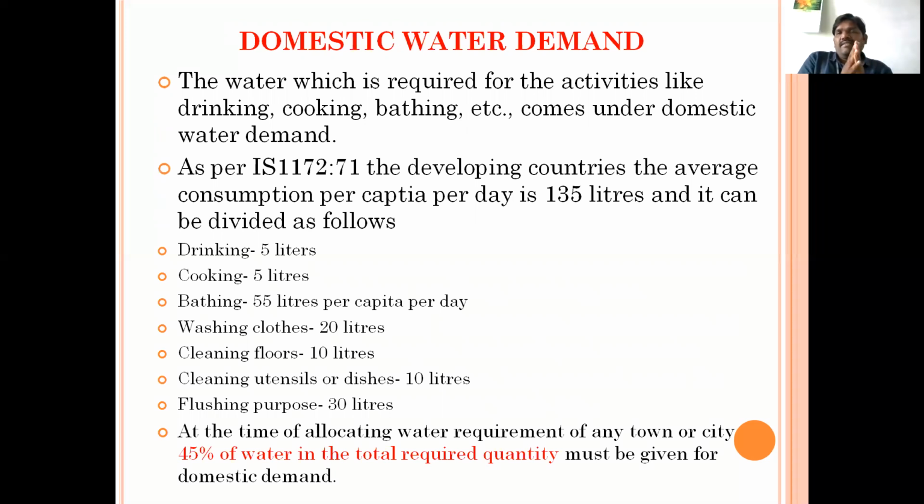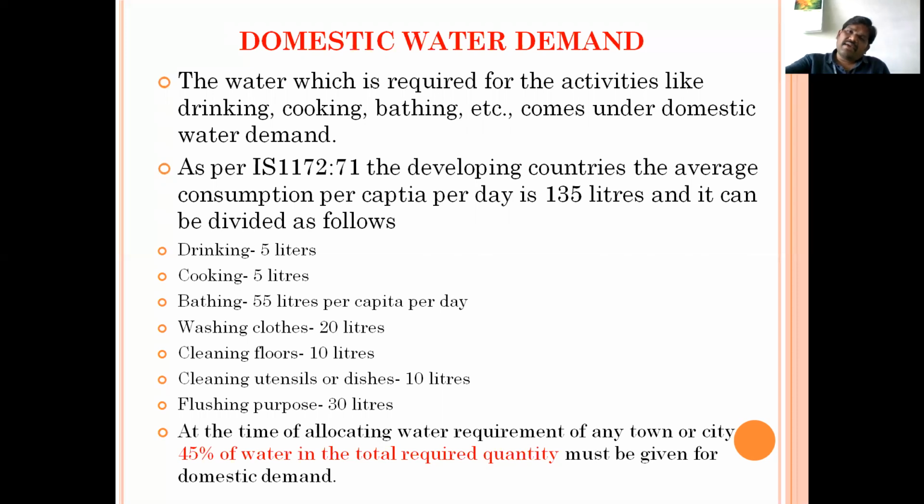Water demand is always considered a fluctuating parameter. Water consumption fluctuates with respect to the season and with respect to the hours also. Normally the consumption of water is more during the summer period, and very little during the winter season.